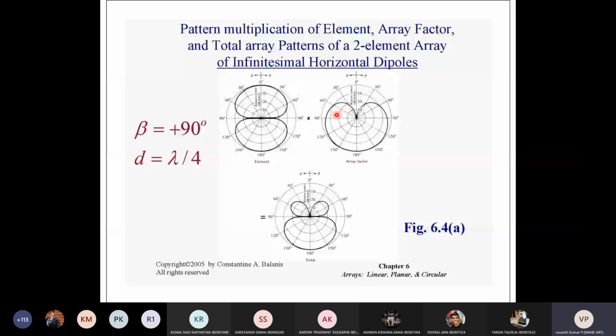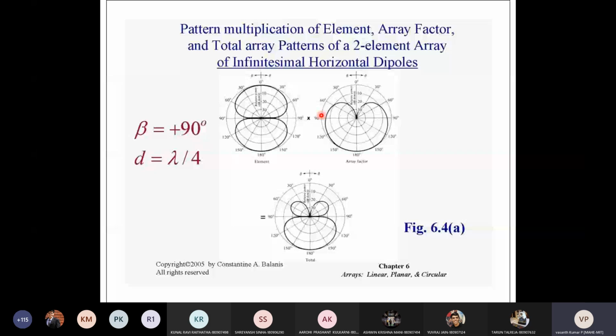Wherever there is a null in the element factor or array factor, you will get a null in the resultant pattern also. So at 0 degrees there is a null, and at 90 degrees there is a null. Since 0 multiplied by anything is 0, whatever nulls you get in the element factor and array factor will be present in the resultant pattern.